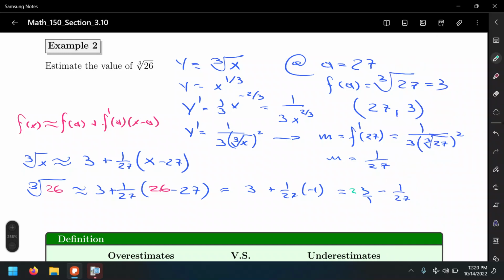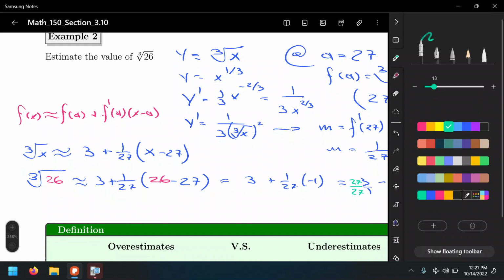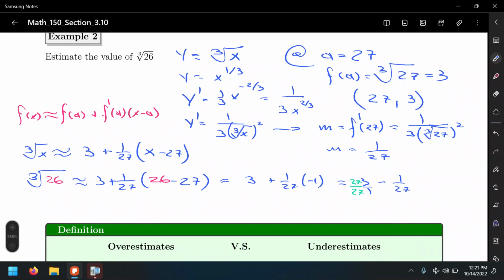So that's 27 times 3, well, 27 times 4 is, I believe, 54, and 27 times 3, I believe, is 81. So 81 minus 1, that's actually 80/27. All right, so that's our approximation of the cube root of 26.